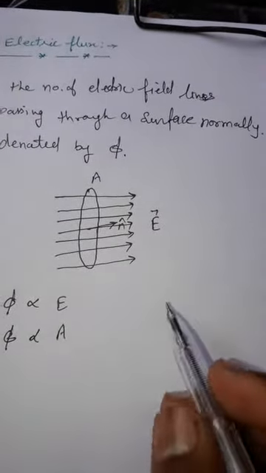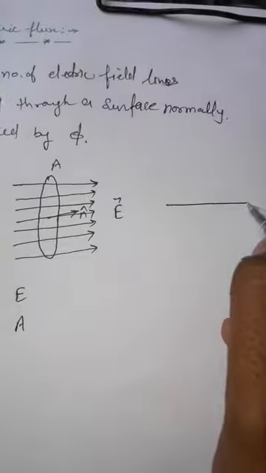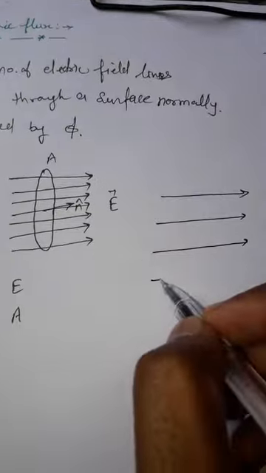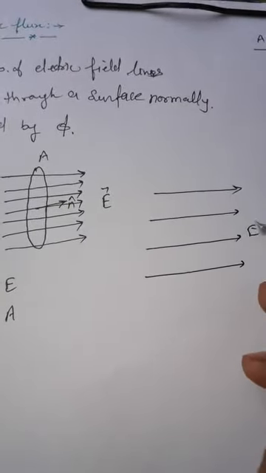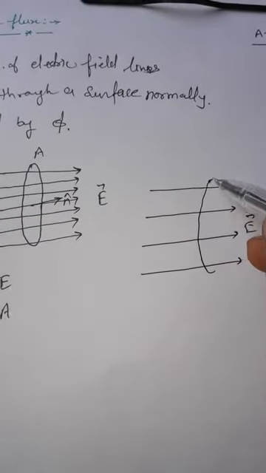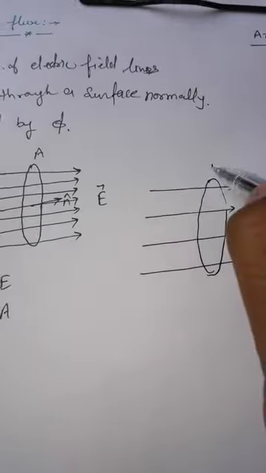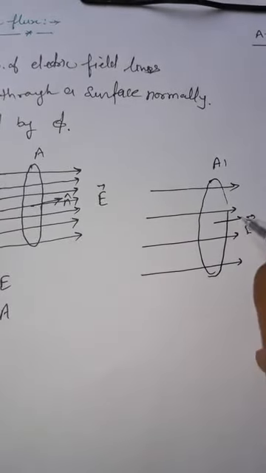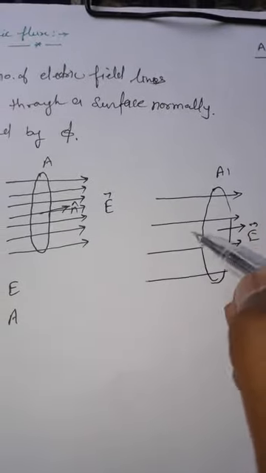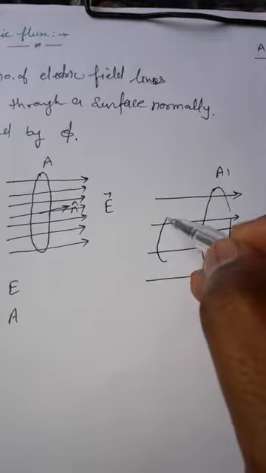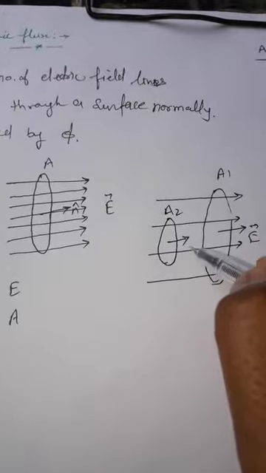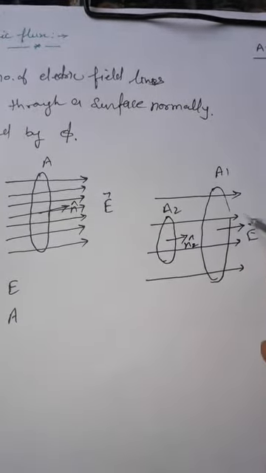As we know, if we consider, say, an electric field like this, and now we consider an area, say area A1, having its normal in the direction of the field, and suppose in the same field we have another area like A2 in the same direction.